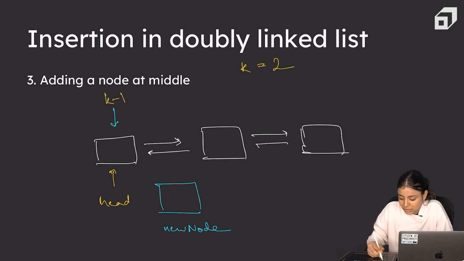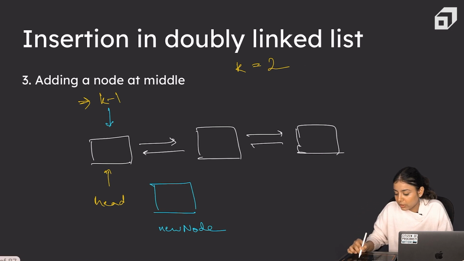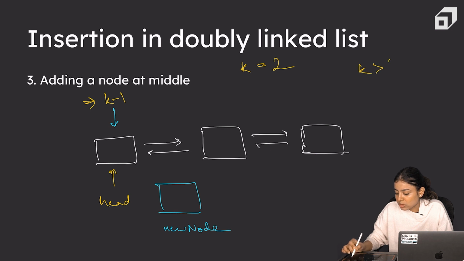I'll traverse till my k minus 1 node, and of course we'll keep a different condition if k's value is 1. In that case we are just trying to insert at the beginning, so we'll call that function. But for any value of k more than 1, we'll first go till the k minus 1th node, and then for that node and for its next node, the kth node, we'll have to change the links, right?